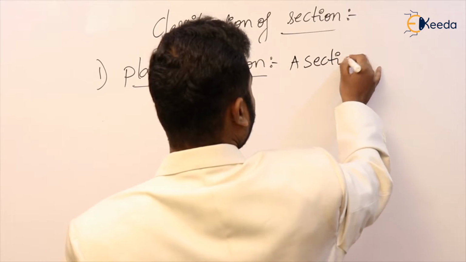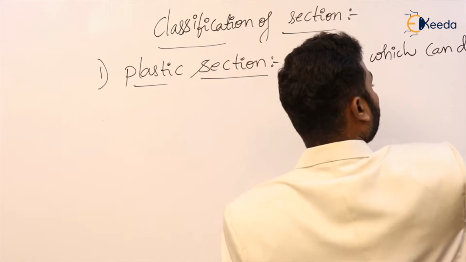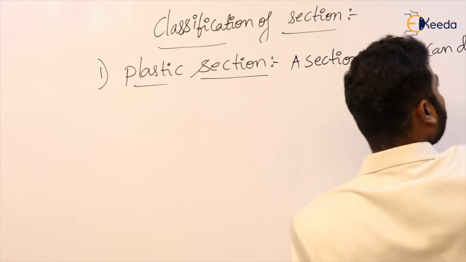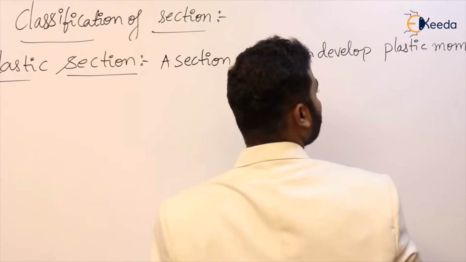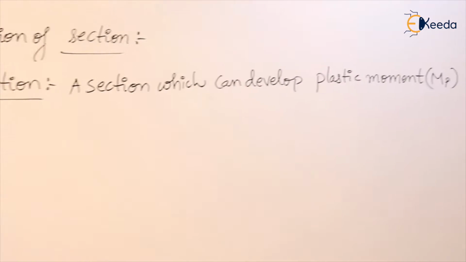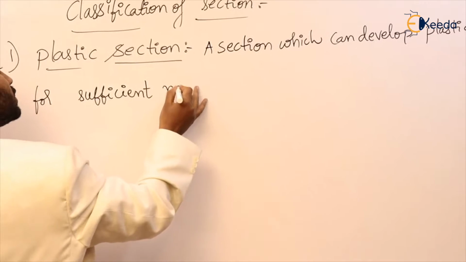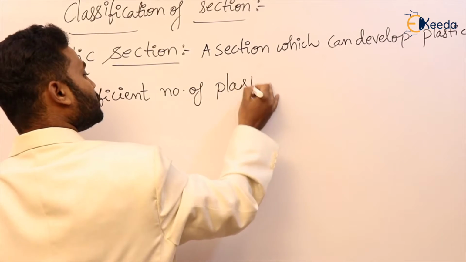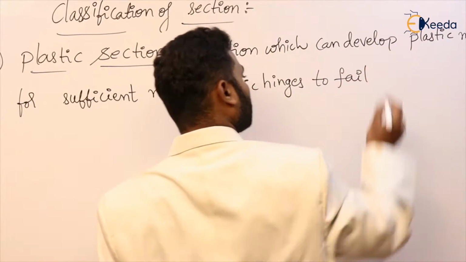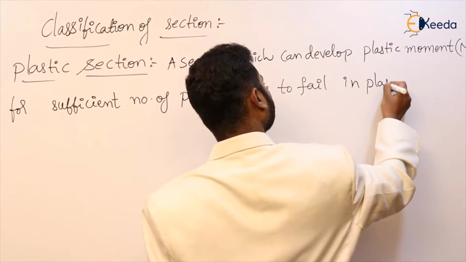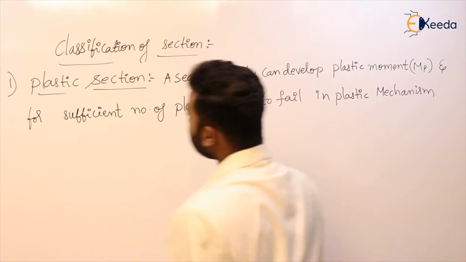A section which can develop plastic moment carrying capacity, plastic moment MP, and forms sufficient number of plastic hinges to fail in plastic mechanism is called a plastic section.